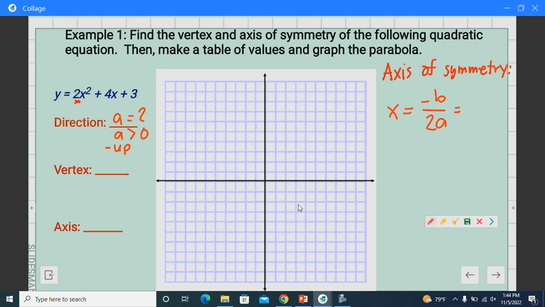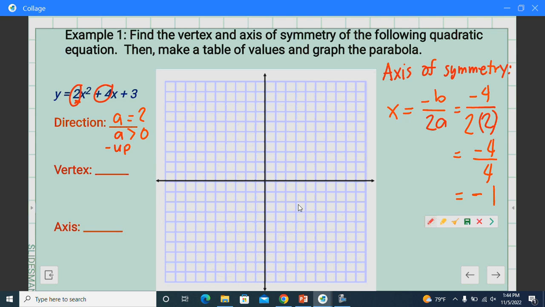That is positive 4. What's the opposite of positive 4? That would give us negative 4. And 2, copy the 2. And what's the value for a? That is 2. So that would be 2. Now, negative 4 over 2 times 2 is 4. Therefore, our x is negative 1.